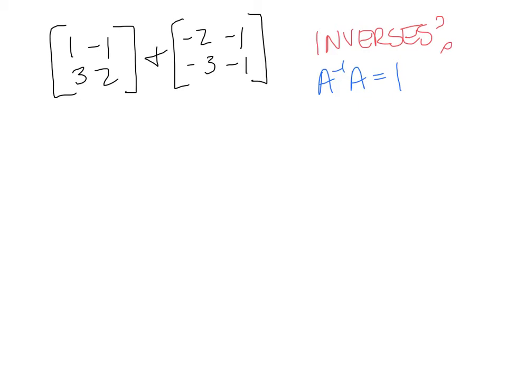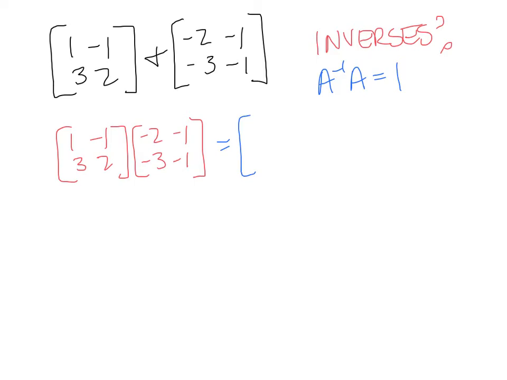Remember, we need to check both ways, though. So let's start out with just the order they're written in. With matrix multiplication, we know we're going to have a 2 by 2 matrix at the end, and we need it to equal the identity matrix, the 1 matrix.